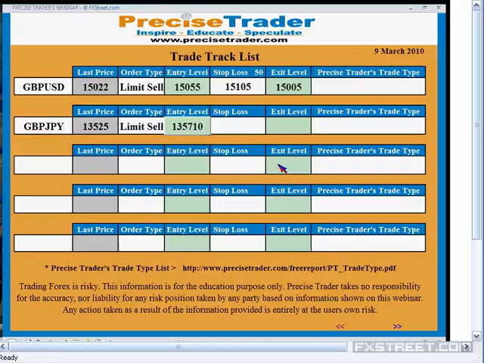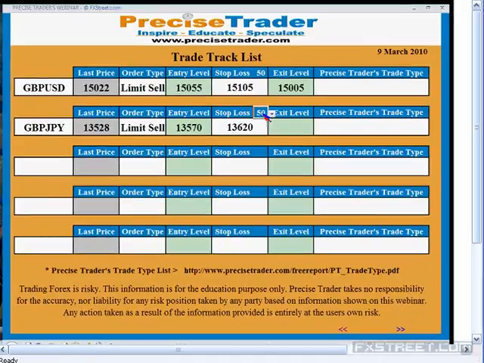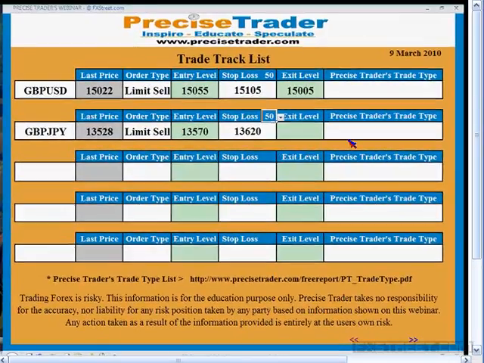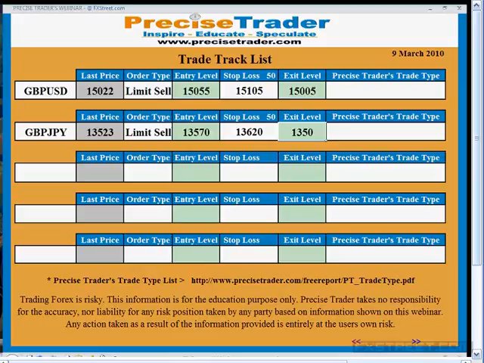Again, I would want to do a limit sell at 135.70, and I want to put a 50 pips stop loss. Then I'll exit at 50 pips. Let me see what the next support is. Yeah, about the 135.20 level, right? So I can plan to exit at this level.